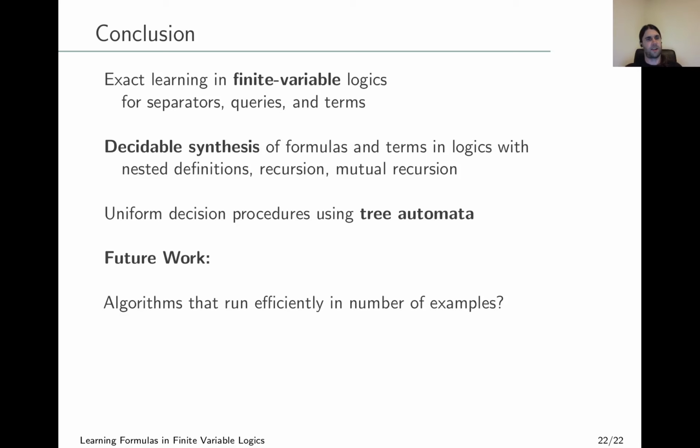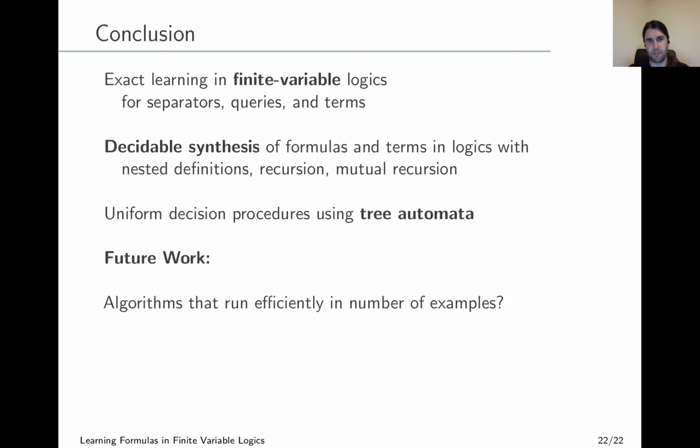Okay, 2 things I think are interesting for future work. The first is, are there algorithms that run efficiently in the number of structures? So you saw that the decision procedure for separation involved this big product automaton, so 1 automaton per example structure. And that made the complexity exponential in the number of examples.